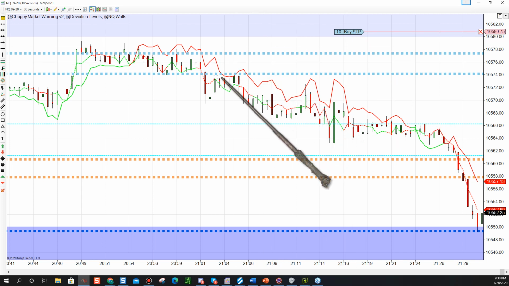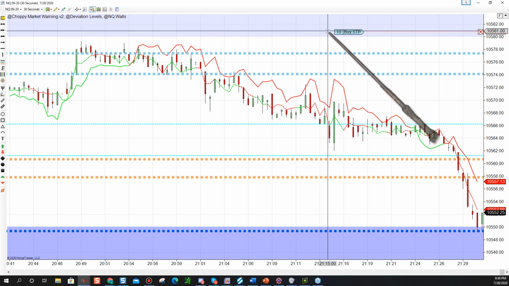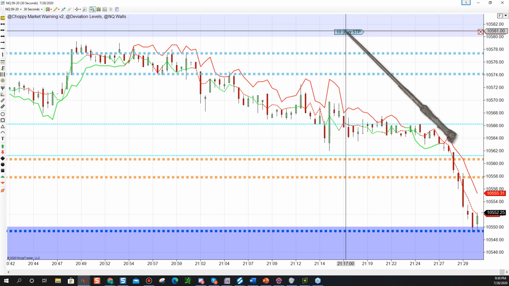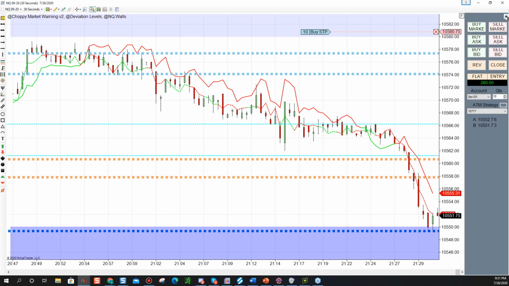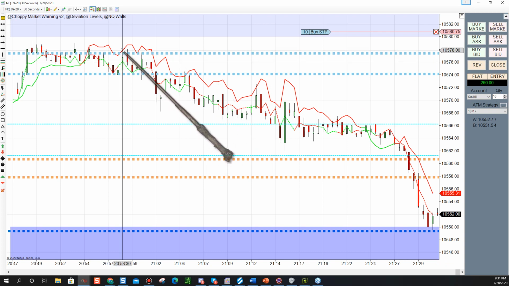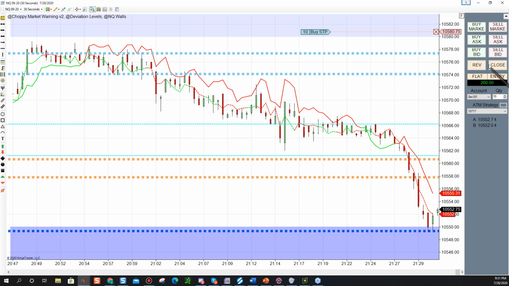So just in case that happens, yeah, it's a little bigger stop than I wanted, but it's a lot better than losing 30 points. So I still have a stop in there. And you know what I'm going to do when it does close above it? If it stops me out, I'm just going to hit close. It'll flatten my position, and it'll cancel out the order.